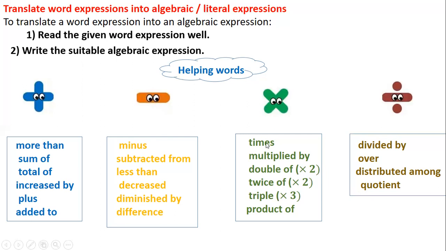The times: if I read times, multiplied by, double of means times 2, twice of means times 2, triple means times 3, product of also, all these mean the times operation. Division: if I read divided by, over, distributed among, or quotient, they all mean division. Please, these are very important.